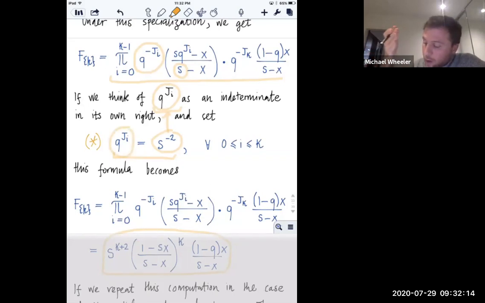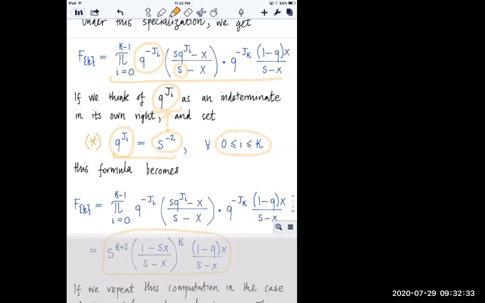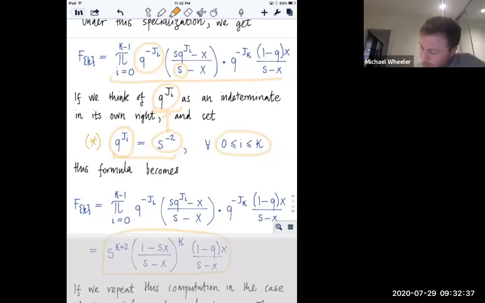So actually I have now k plus 1 of these parameters, q to the j_i, and they're all independent actually. And so then I choose them to all be equal. That's the point. So then I choose them to all be equal to s to the minus 2. So it's kind of a formal replacement. Yeah.